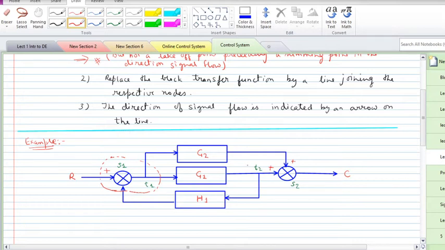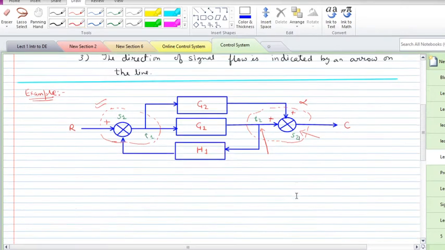However, you cannot join these other two takeoff and summing points and consider them as a single node. So in this case, you have to take a separate node for this one and a separate node for this one.